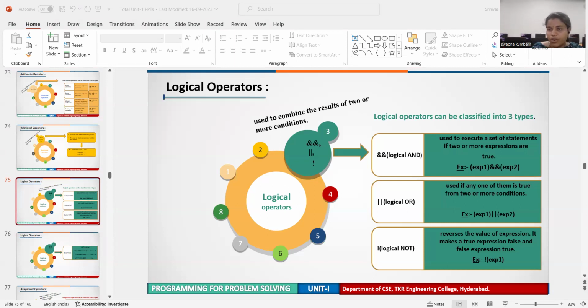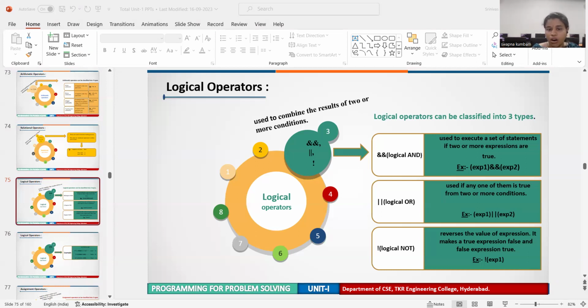And next condition, what we have, C is equal to D. Value of C is 8 and D is also 8. So this particular condition is also true. If I want to combine these two conditions together, I need a logical operator. I can use the ampersand symbol for logical and.